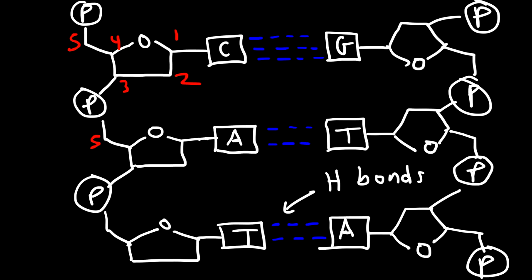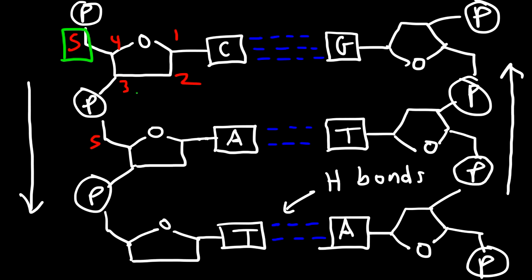Now the next thing I want to mention is that these two strands, these complementary strands, are anti-parallel to each other. So the strand on the left runs in the 5 to 3 direction. Now the strand on the right goes in the opposite direction.